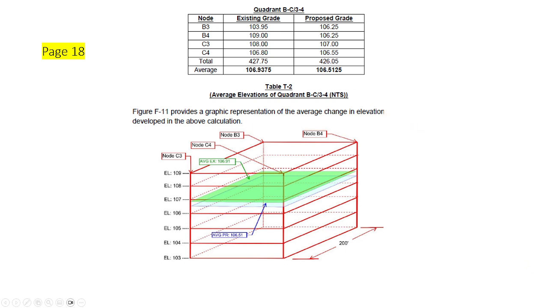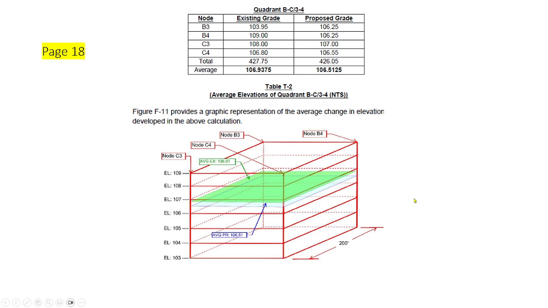Now we take the 40,000 and multiply that by 0.43. That equals 17,200 cubic feet. Divide that by 27, and you get 637 cubic yards.